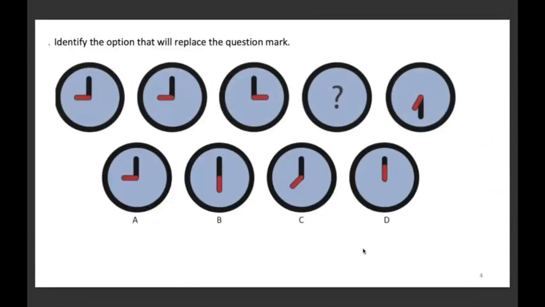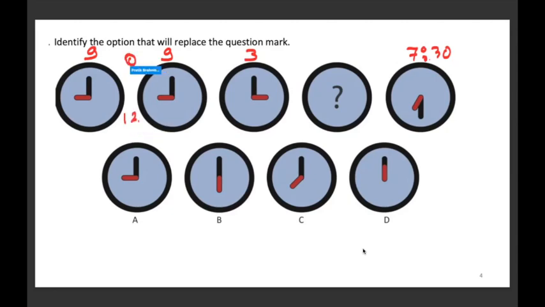Identify the option that will replace the question mark. Which of these options will replace the question mark? Okay, it's a clock which we are given clearly. This says 9 o'clock, this says 9 o'clock, this says 3 o'clock, this says something, and this says 7:30. So if you look at the difference in time that is being shown, it is 0 or 12, either of them.